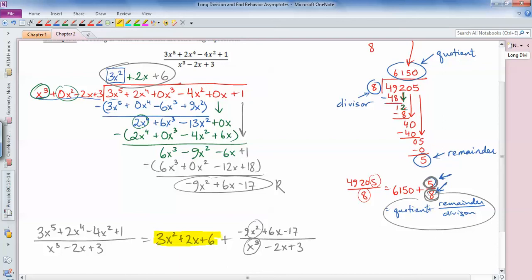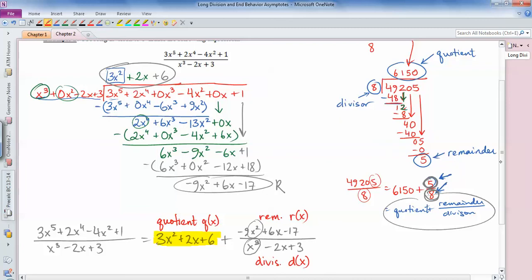This right here is a pretty important thing, the quotient. Quotient, Q of x, I'll call it. And then the remainder here, we'll call it r of x, and the divisor, we'll call that d of x. And remember, degree of r has to be less than the degree of d. Otherwise, you haven't actually finished the division problem, or you made a mistake somewhere.